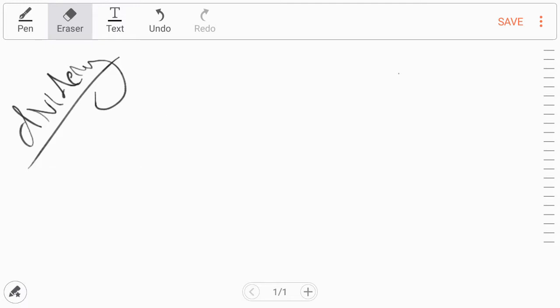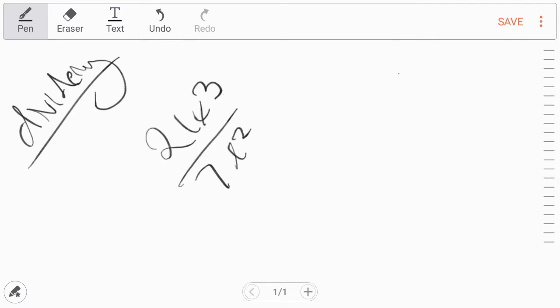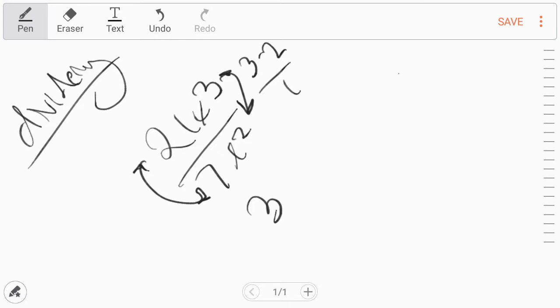So for example, if I had 21x to the third divided by 7x squared, you would divide these two, giving you 3, and then you would subtract your exponents. So 3 minus 2 is 1. So you would get 3x as your answer.